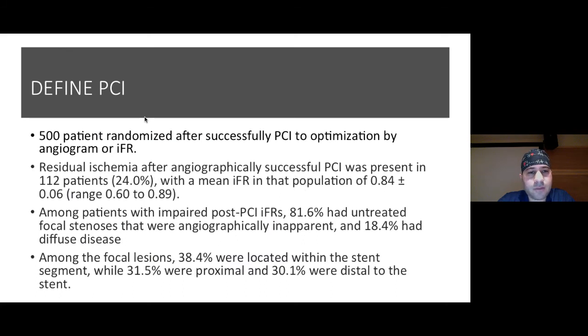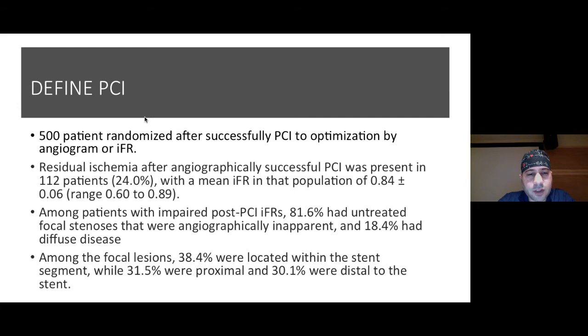But if you look at the DEFINE PCI trial, where they randomized about 500 patients after successful PCI to optimization by angiogram or iFR, they found residual ischemia, after the operator had deemed it an angiographically successful PCI, in about 24% of patients, with an iFR in that population averaging 0.84.